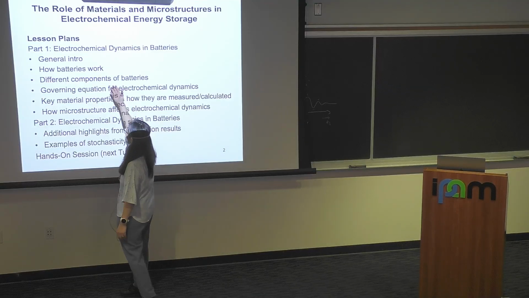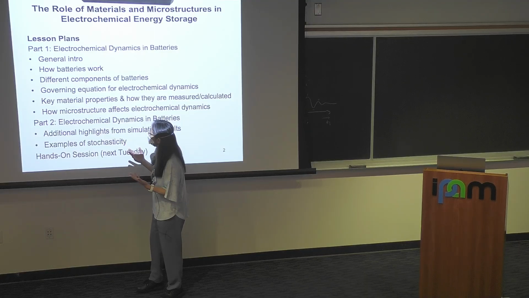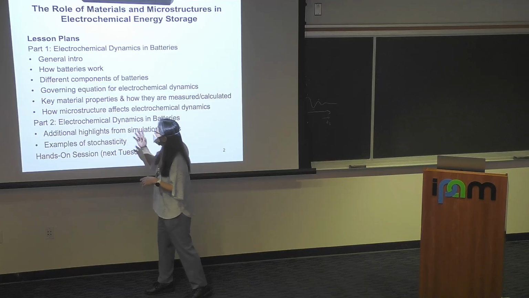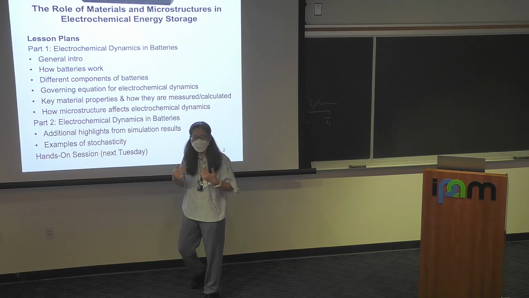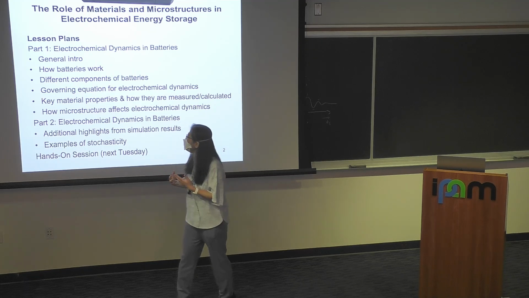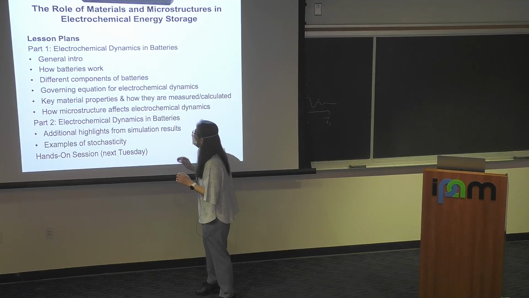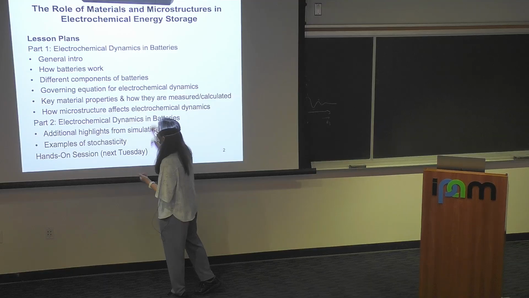And then I'm going to get into the actual subject of electrochemistry, but I'm going to start by focusing on batteries because it's a very rich system. And then what goes into batteries, what kind of components there are, and then describe governing equations. And that actually allows us to identify parameters that are needed to describe the process.